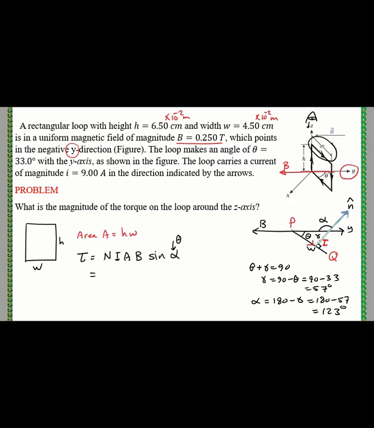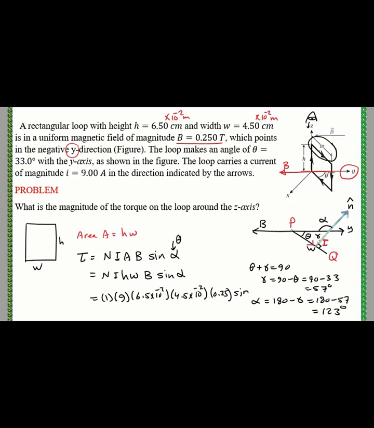Now, because it is a loop, N equals 1, and we have I. Area is H times W, B sine alpha. Now substitute. N equals 1. The current is 9. H is 6.5 times 10 to the minus 2. W is 4.5 times 10 to the minus 2. B is 0.25.